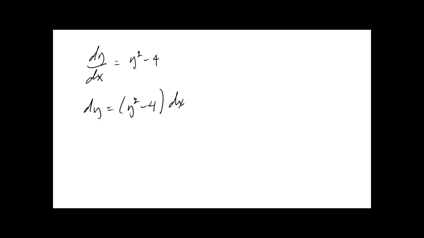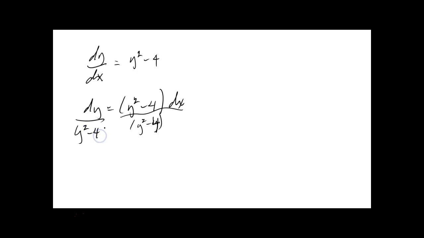Now, the variables aren't separated, though. What would you do to separate them? You have to subtract y squared. Yeah. Y squared is negative 4. Yeah, 4. Okay.